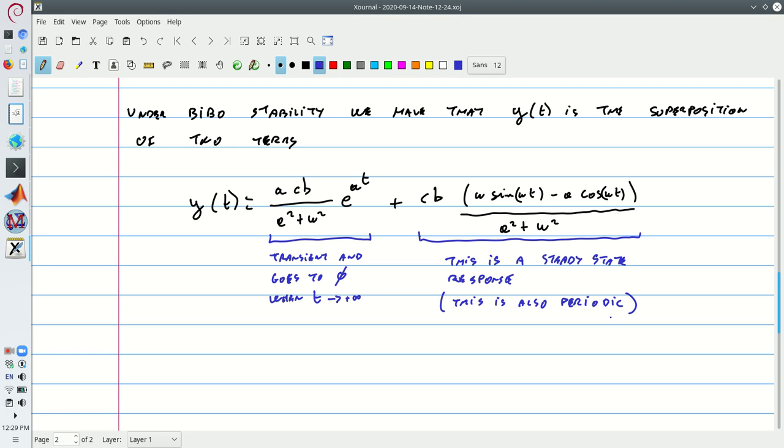So what we are going to do is work on this part here, on the part on the right hand side, the steady state part. We are going to have the full response with the transient and the steady state, but we are going to rewrite the steady state response in such a way that we can analyze it better.